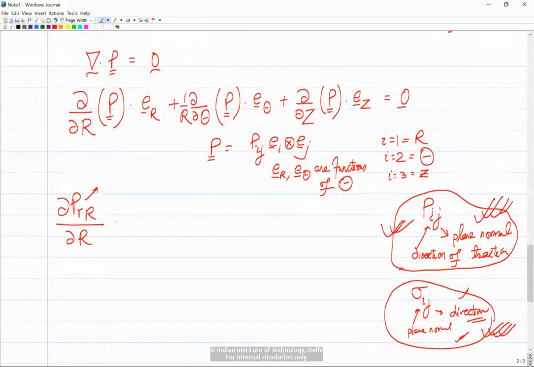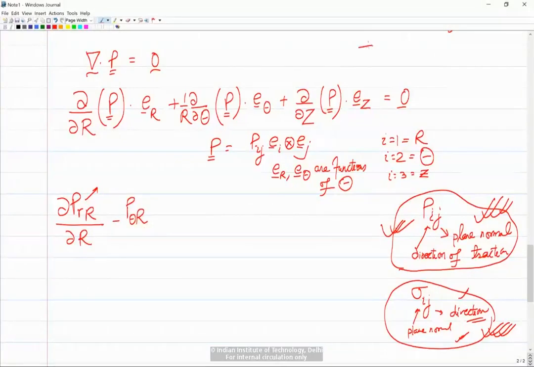So what you have here is this minus P small theta big R. See, smalls are the deformed ones, right? So that they denote the direction. The big ones are the undeformed ones, and they signify the normals, the plane normals. Because P has to, you see, what does it do?